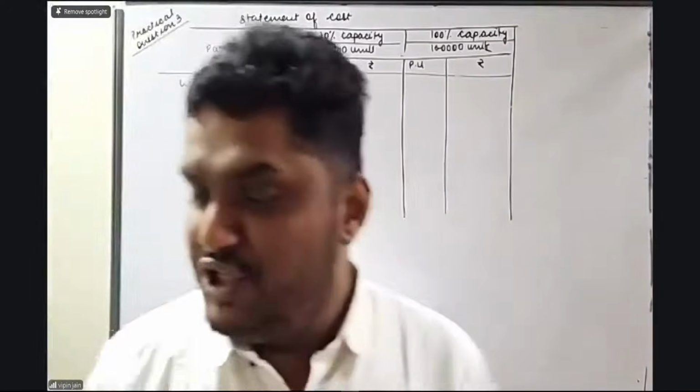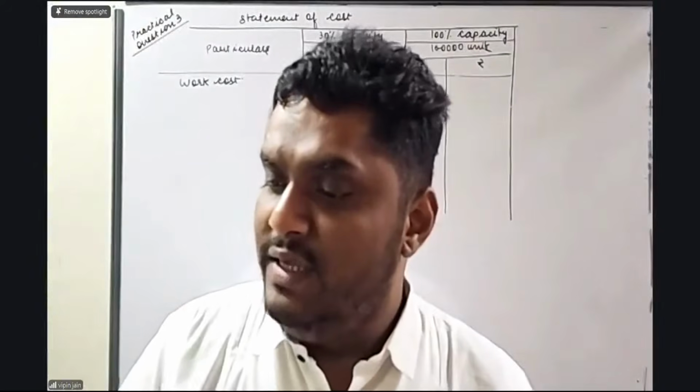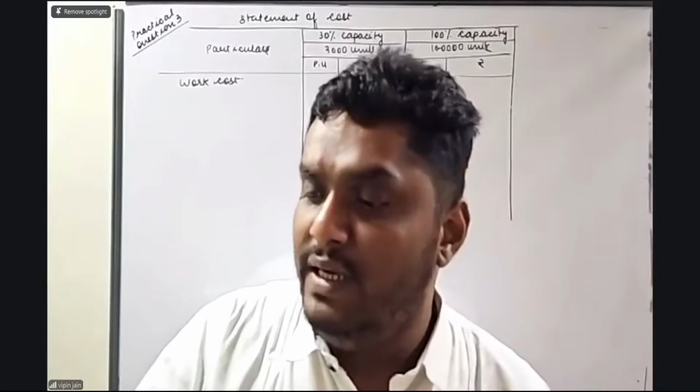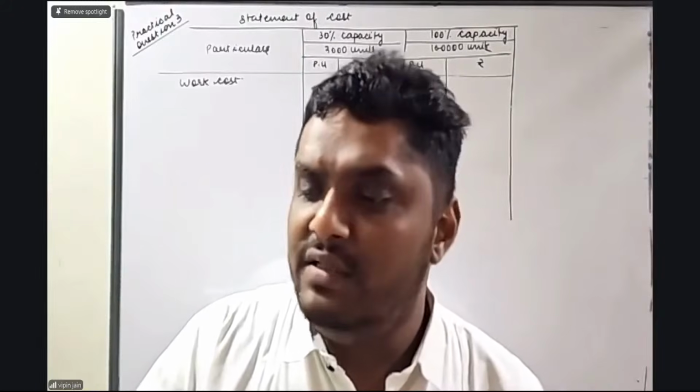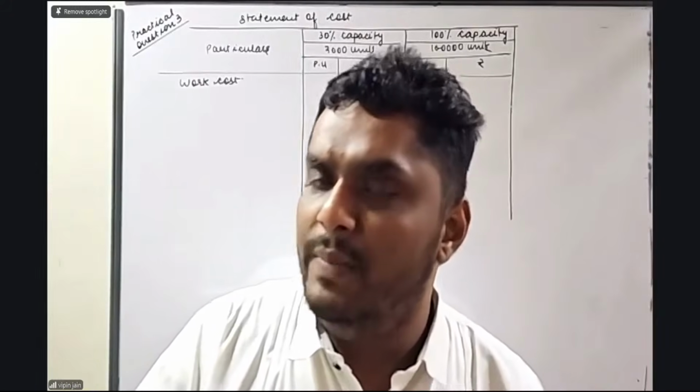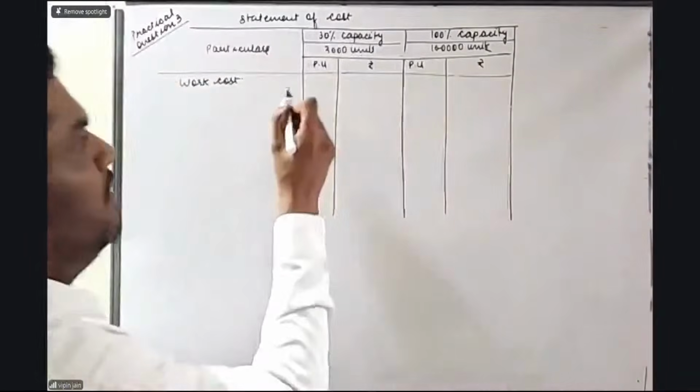It is given in the question. Read the question, guys. Various capacity levels are given: 10%, 20%, 30%. So if we are manufacturing 30,000 units, my work cost will be 380 rupees per unit.